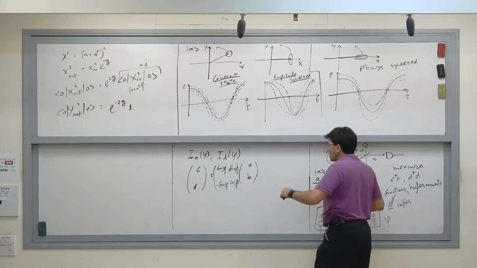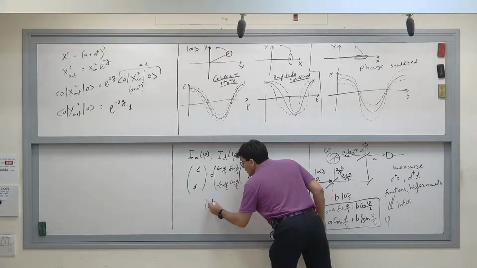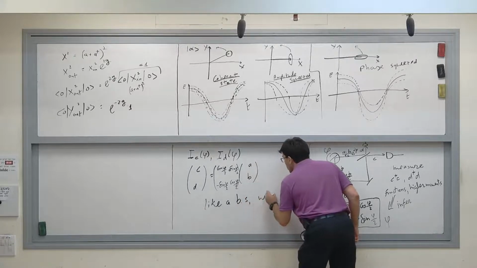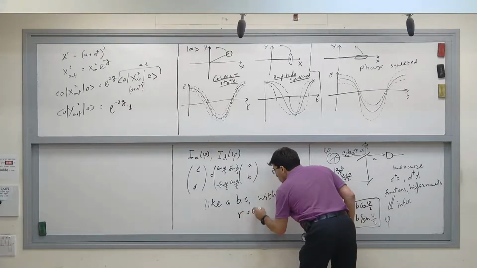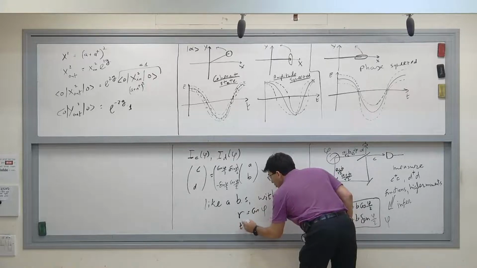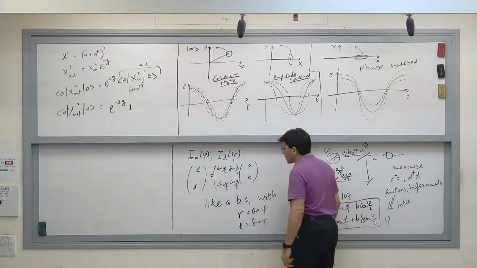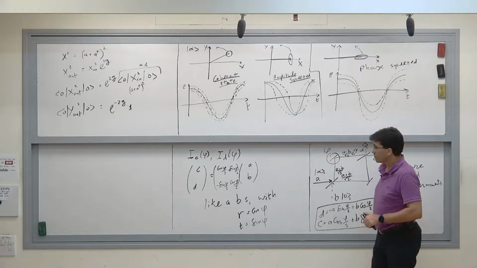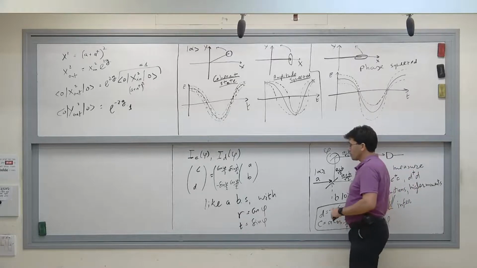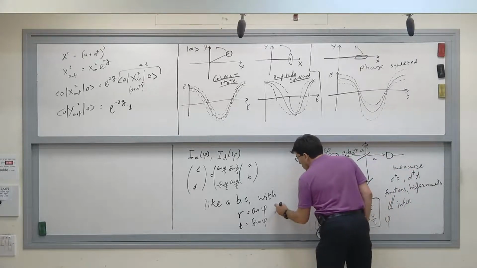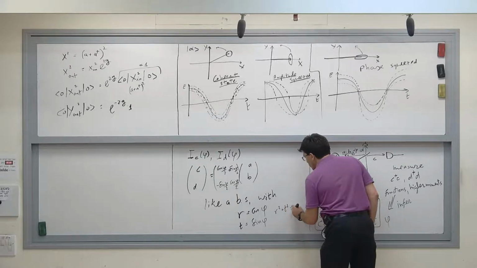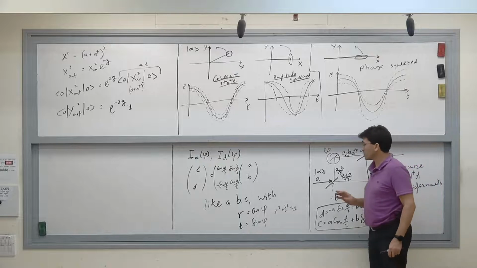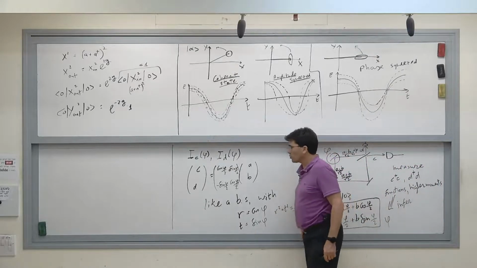So this is like a beam splitter with R equals cosine phi and T equals sine phi, or the other way around. And because R squared plus T squared equals 1, it is a lossless device. So that's something to remember.